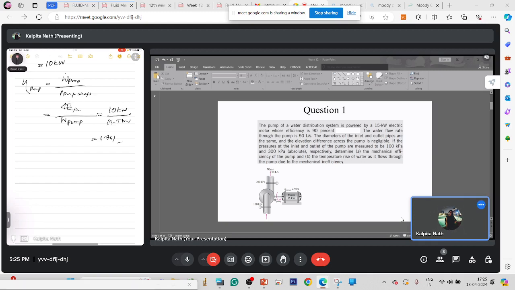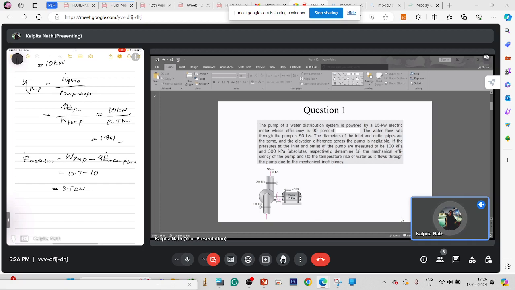So this is equal to the power delivered by the pump shaft minus the power delivered to the fluid, 13.5 minus 10, which is 3.5 kilowatt.